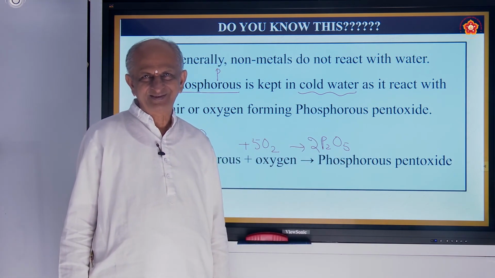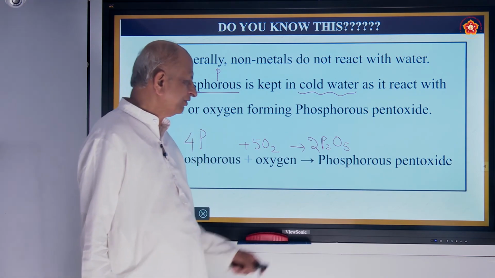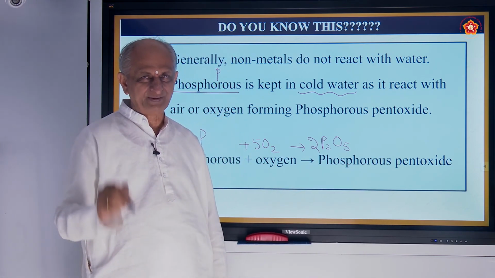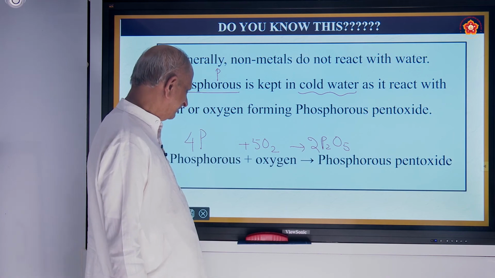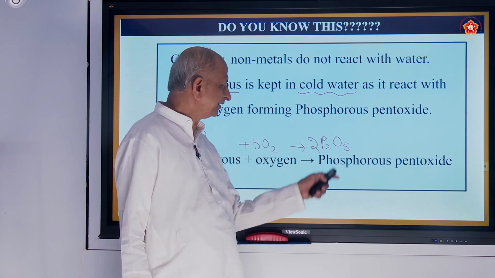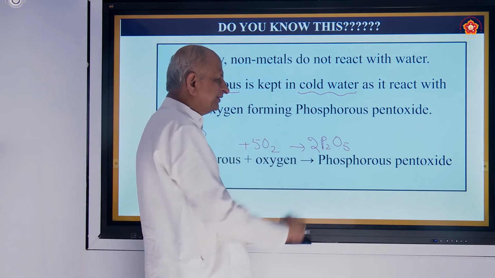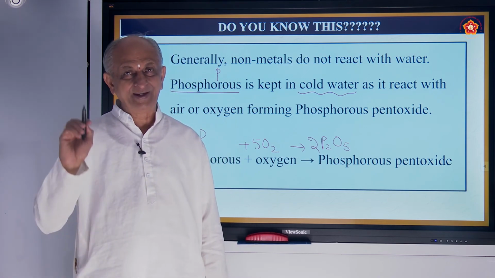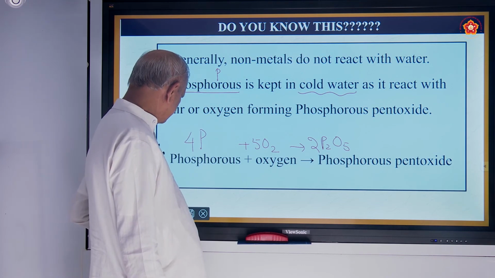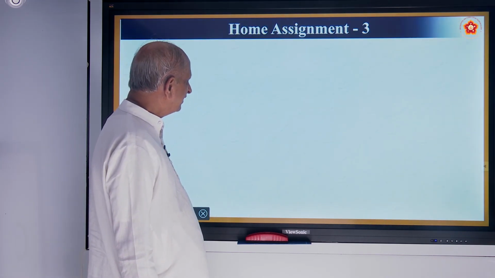It is an acidic oxide. How do you know? Add some water to it and bring blue litmus, and it becomes red. That is why phosphorus is always kept in cold water. It should not be exposed. So this is another interesting equation as far as non-metals are concerned.